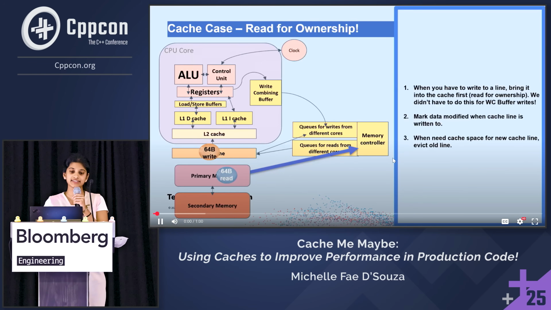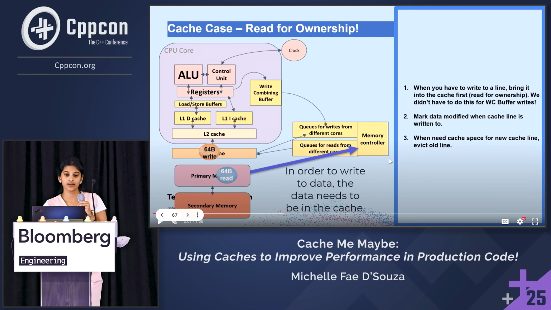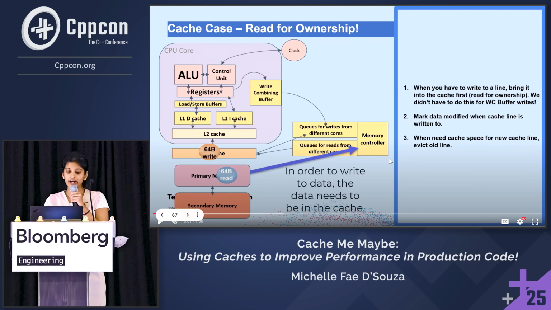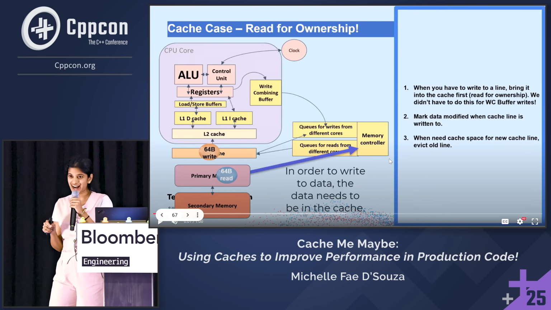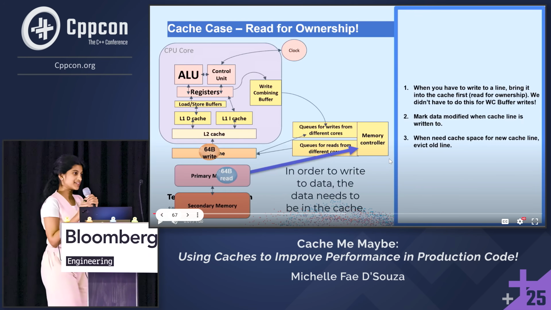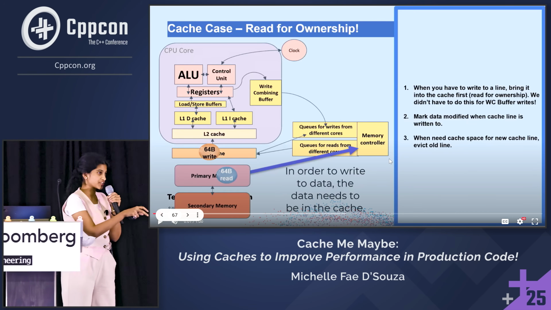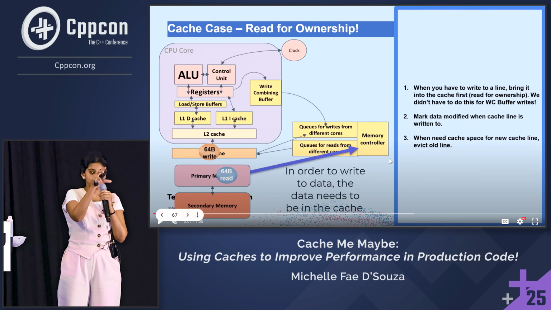But what happens in the case where we write using our cache? Well, when you write with caches, there's something known as read for ownership. You need to make sure the data you're trying to write to is owned by your core.